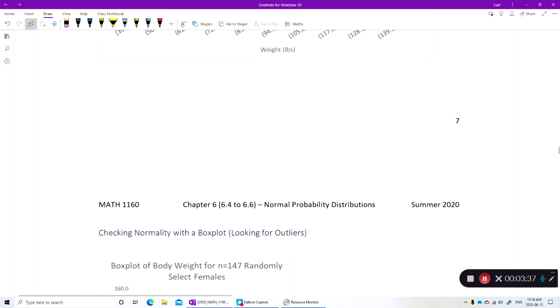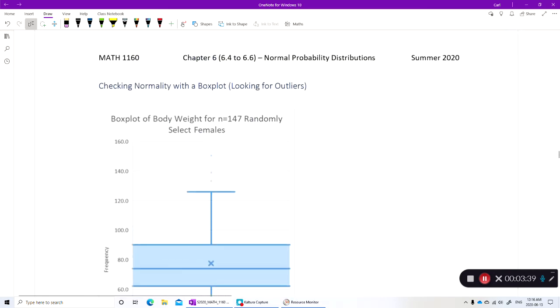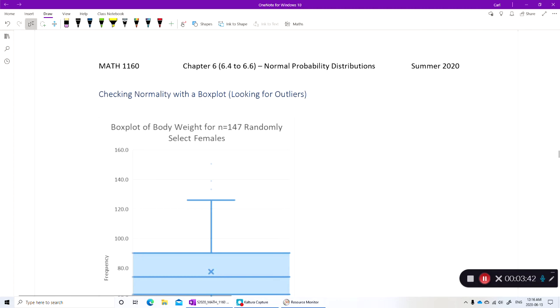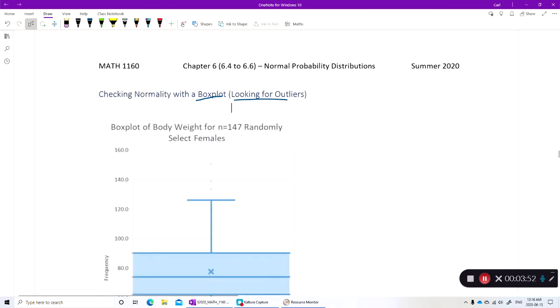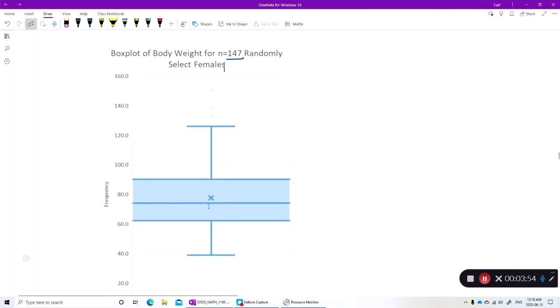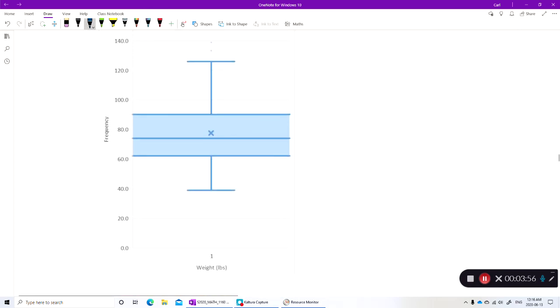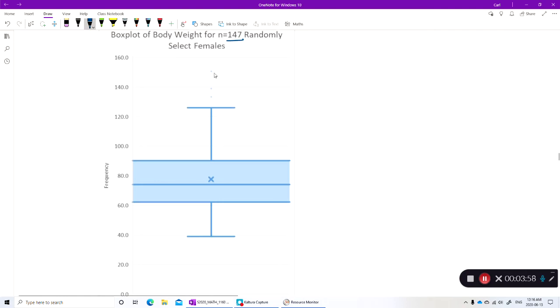The one thing I'm going to add here is that we can also look at box plots. A box plot is a good way to check for outliers, especially in Excel. So if we make a box plot for this same data set, 147 women, you're going to find a box plot like the following. And it has these dots which represent actual outliers.